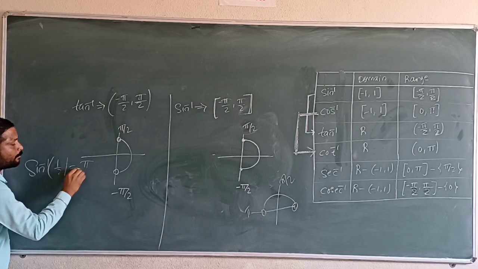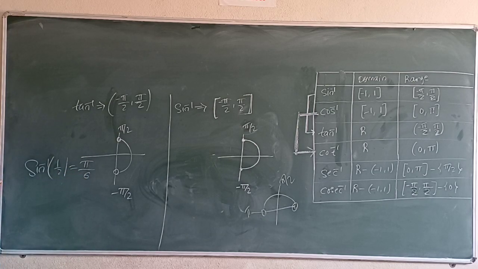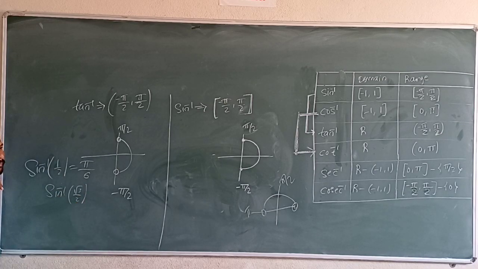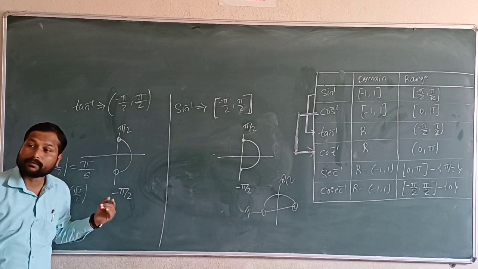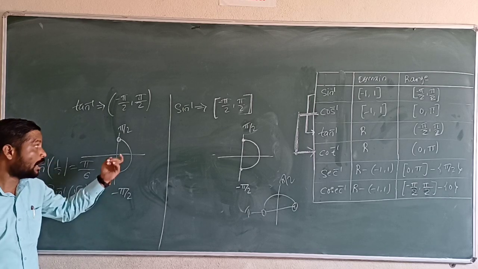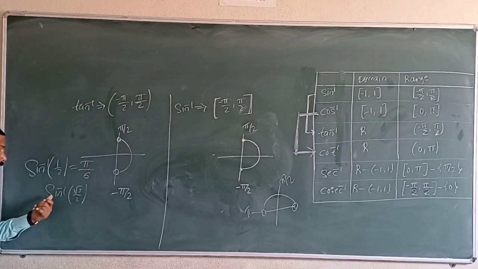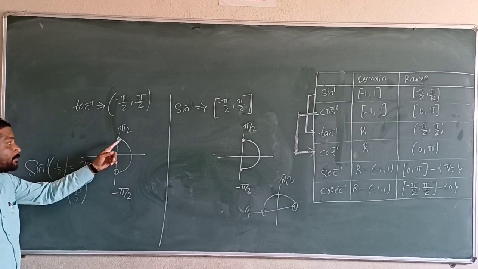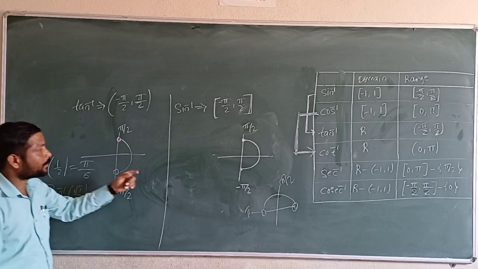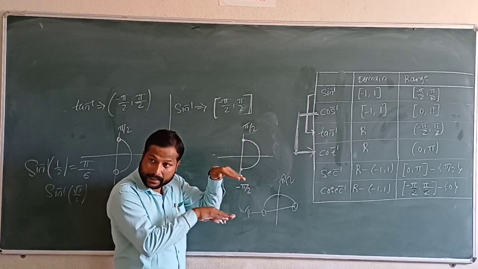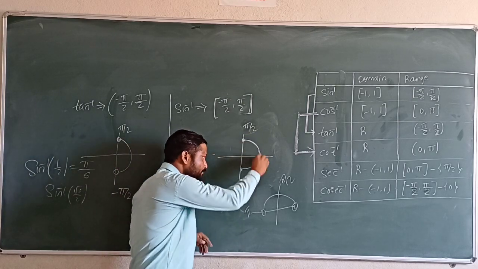That is 30 degrees. Let me give an example: sin inverse of root 3 by 2. Sometimes the value goes outside the range. Your answer must be within the range, plus 90 degrees to minus 90 degrees.